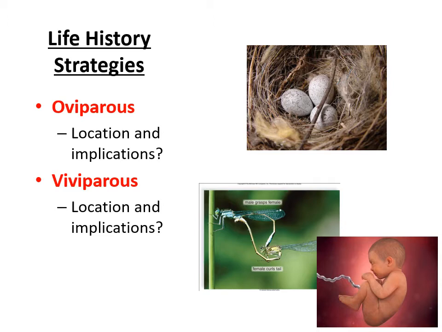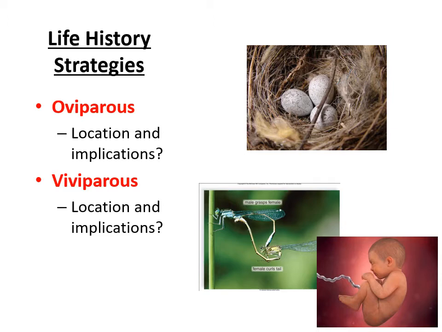So with oviparous, an egg is deposited or dropped into an external environment. For instance, when birds release their eggs into an external environment, that egg develops outside of an organism's body, and now ends up requiring extra protection because it's developing in the environment.